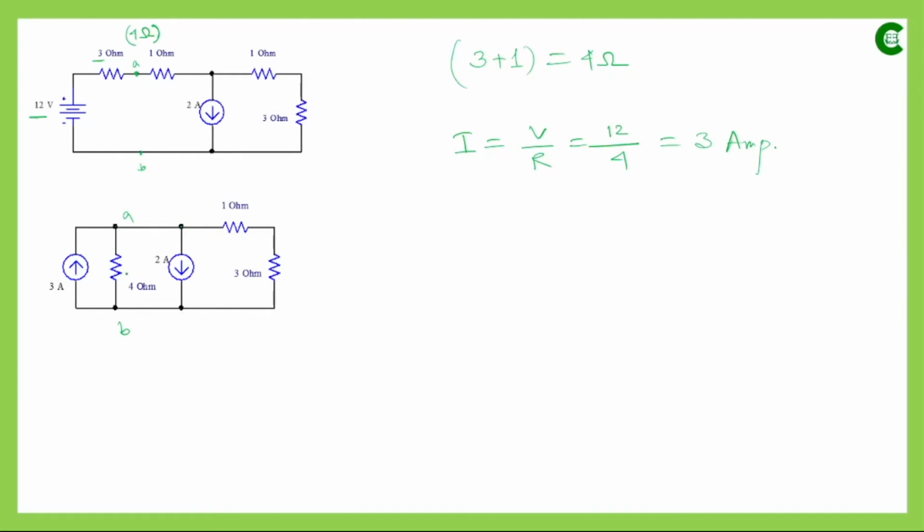Since both current sources are connected between the same terminals AB, we can take their net value.